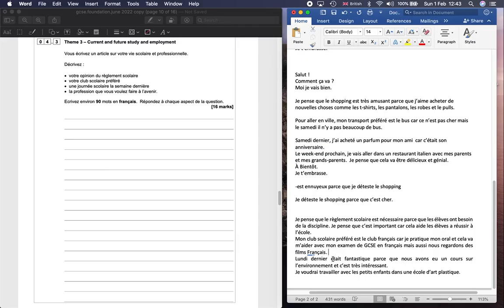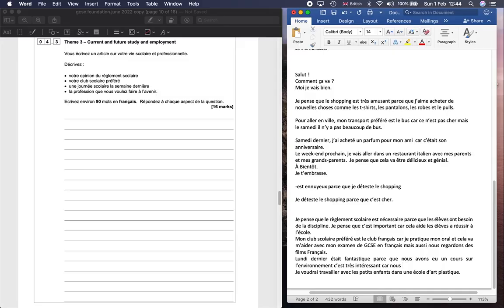Lundi dernier était fantastique parce que nous avons eu un cours sur l'environnement. C'était très intéressant. So let's say why it was interesting. C'était très intéressant car nous, nous, so we learned how to preserve the environment, how to look after the environment.